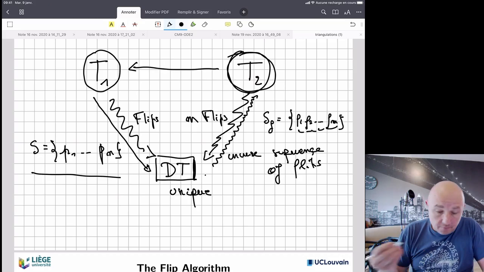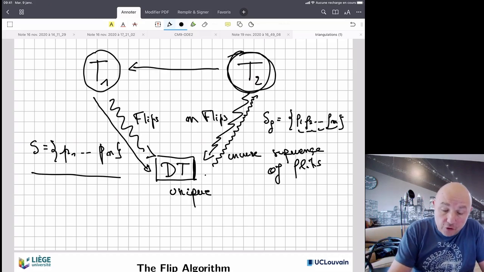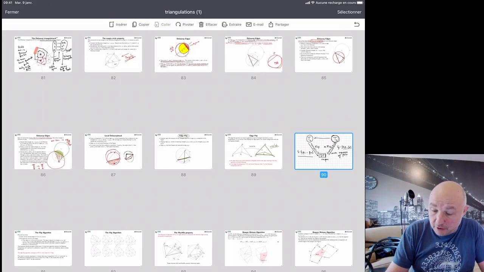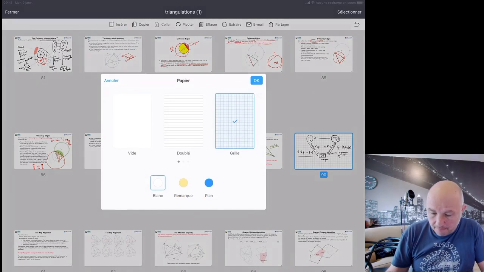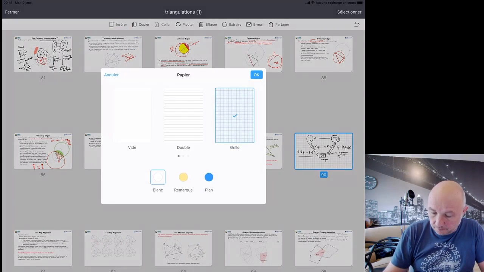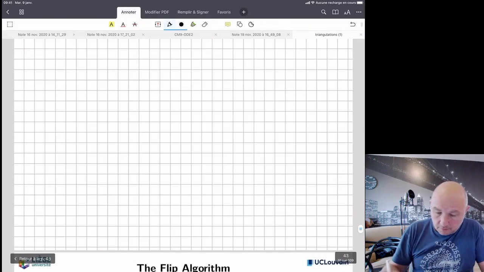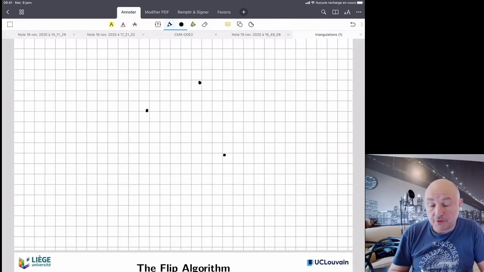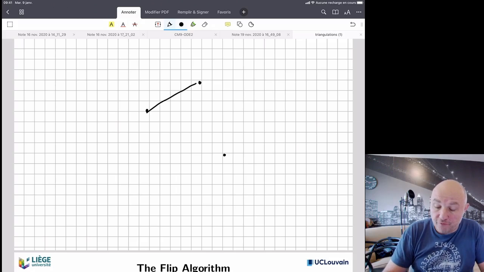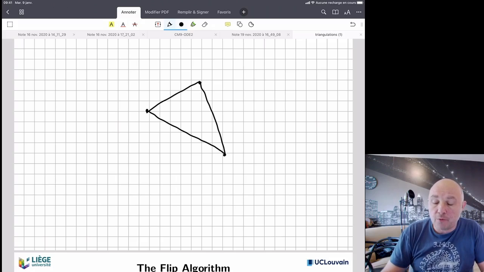Another thing is, how would you build a first triangulation? Imagine I take a first point, a second point, and a third point. I first make a triangle with the first three points. Can I always make a triangle?